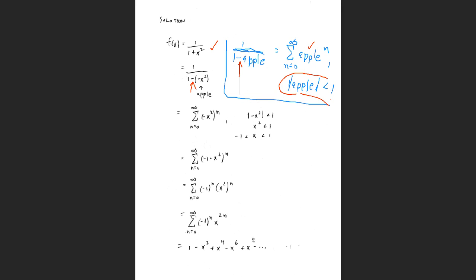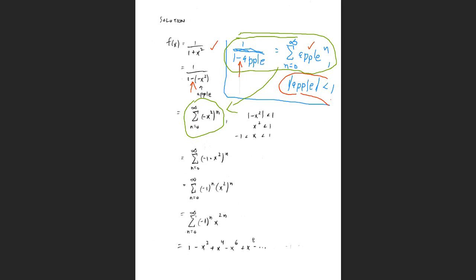And so therefore, using this formula here, I end up with this power series, because the apple is negative x squared.